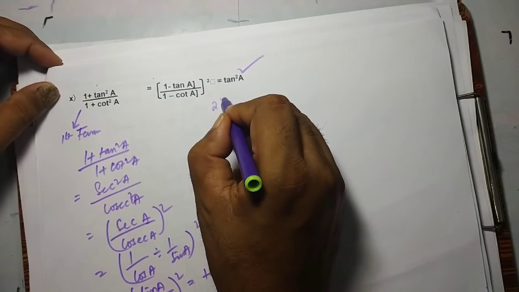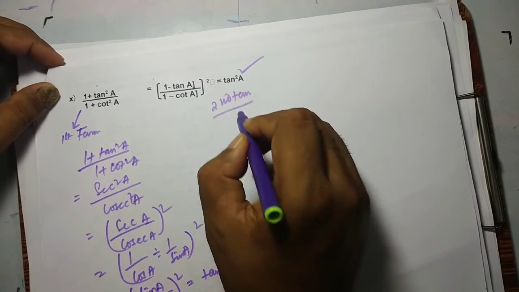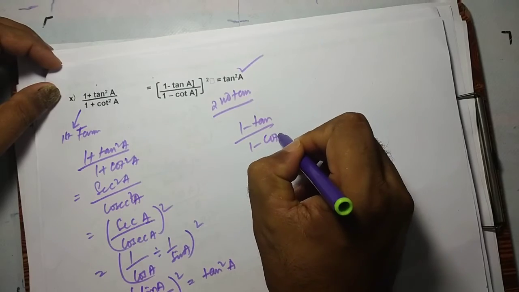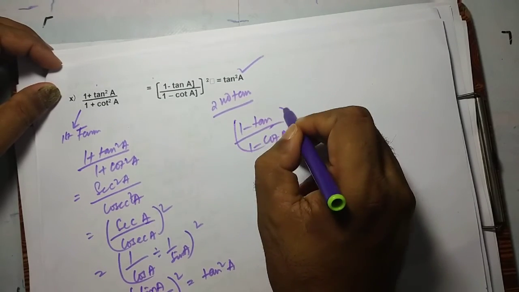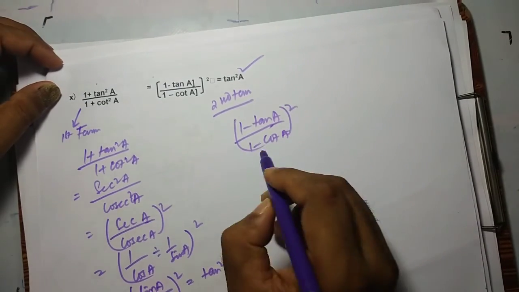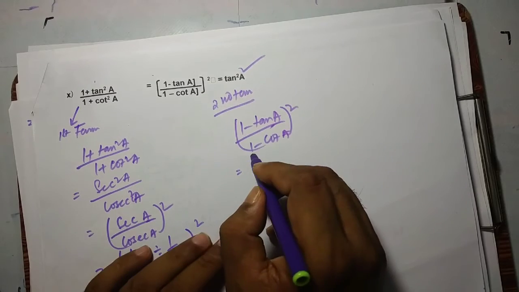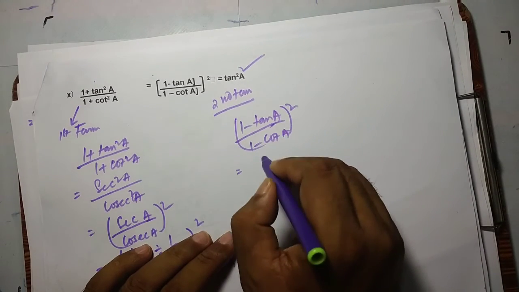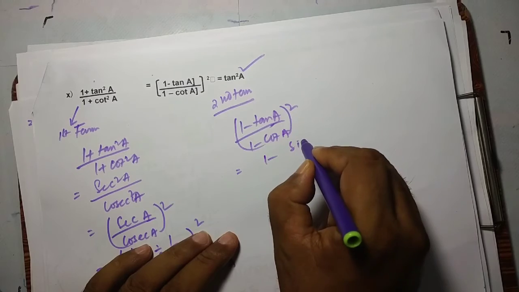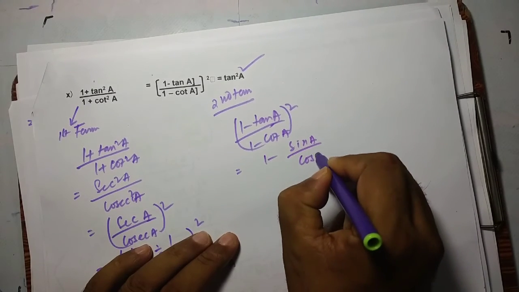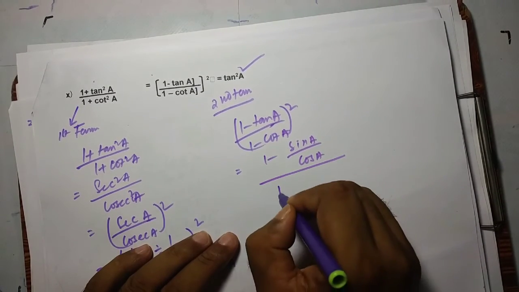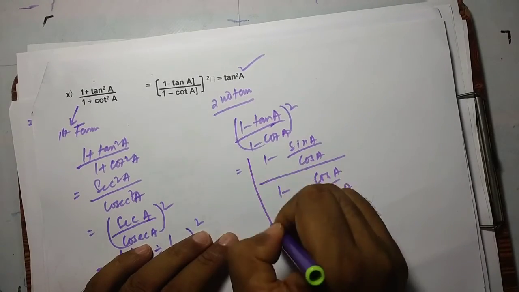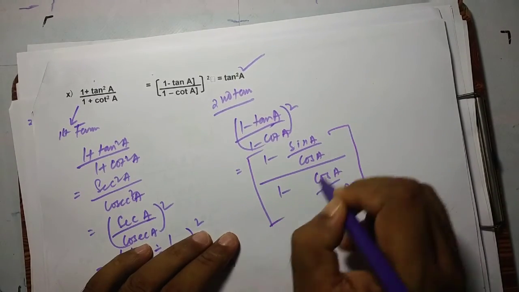Okay, then the second term: 1 minus tan A over 1 minus cot A whole square. Again do it like this, converting into sin and cos. So this is 1 minus sin A over cos A and 1 minus cos A over sin A, and this is whole square.